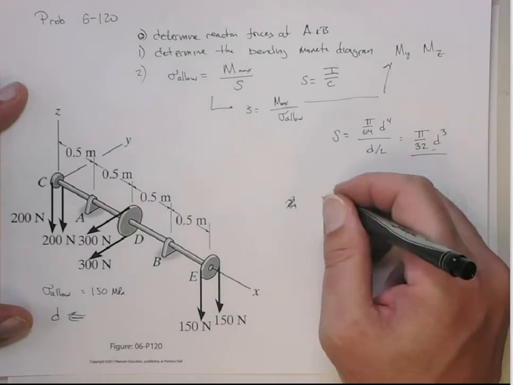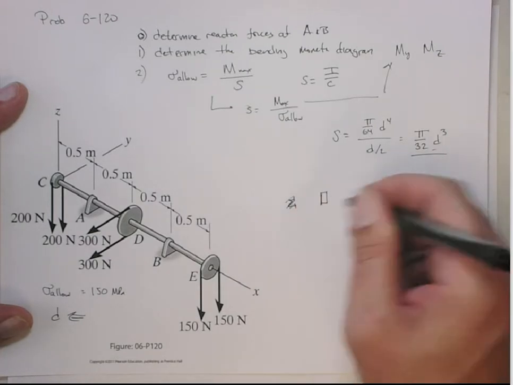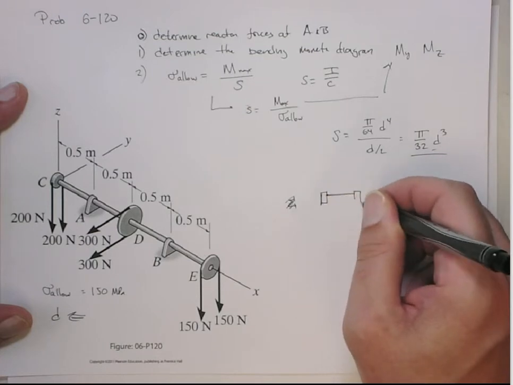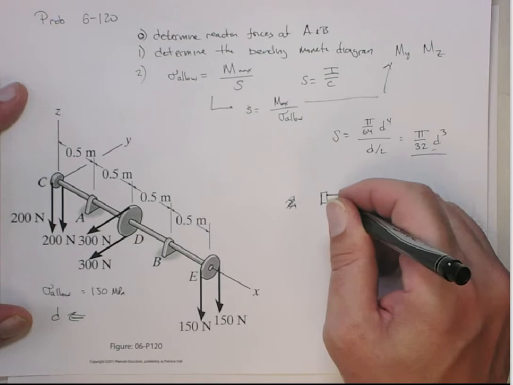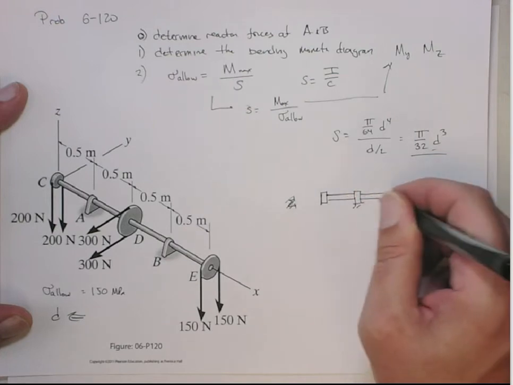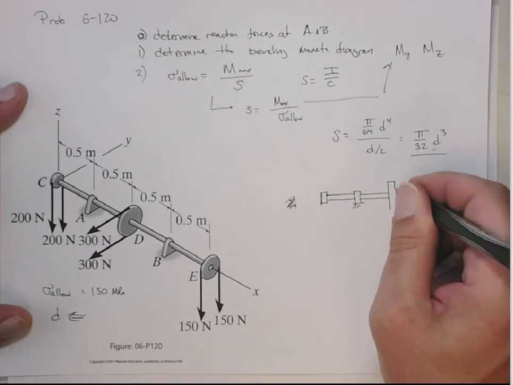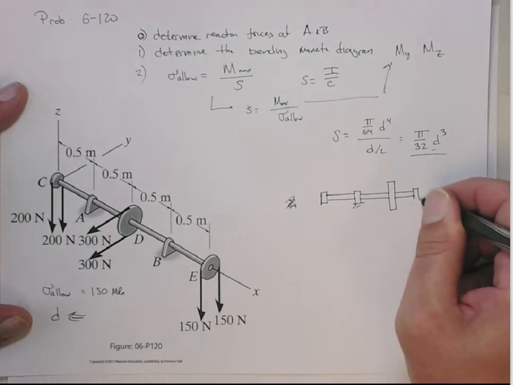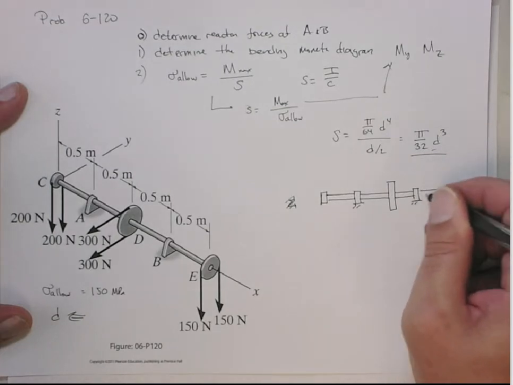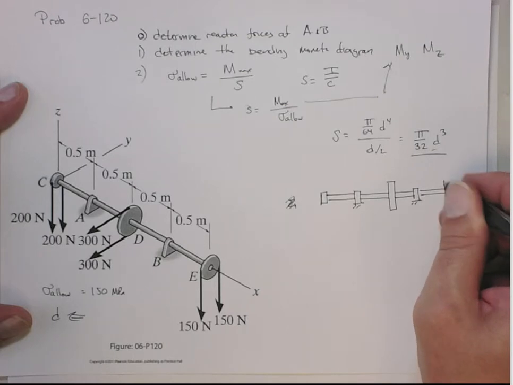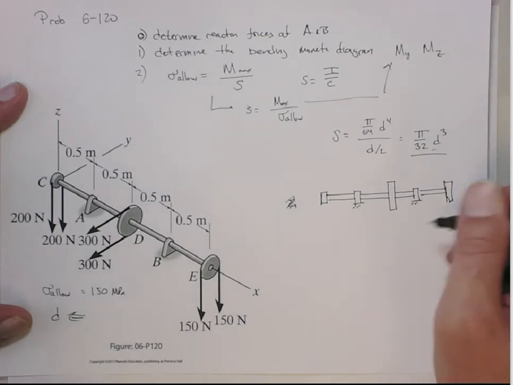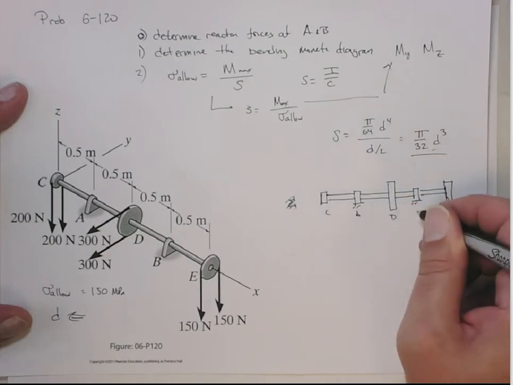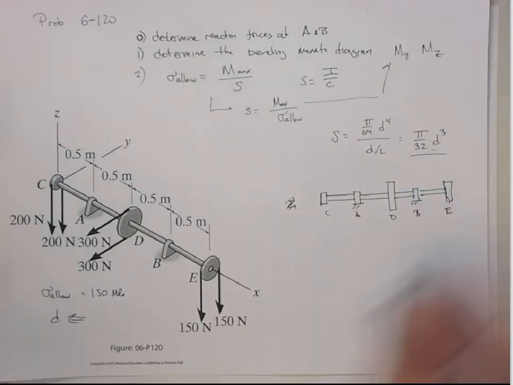I was going to skip drawing the free body diagram, but let's not do that. All right, so this is point C, A, D, B, and E.